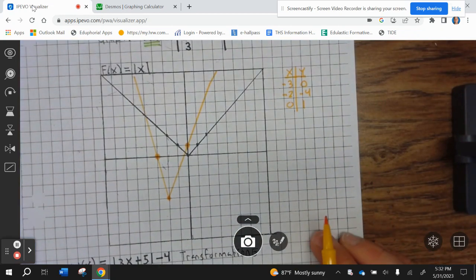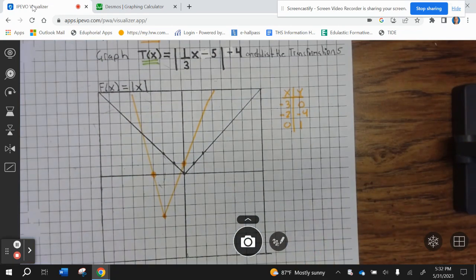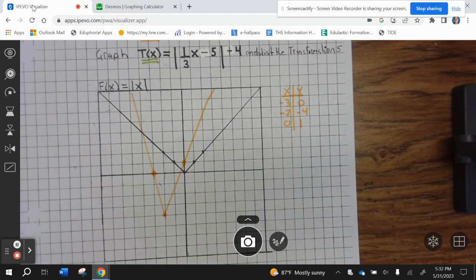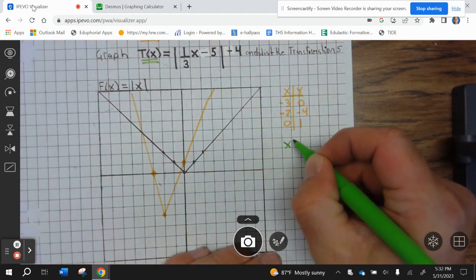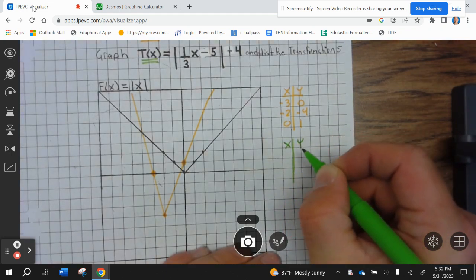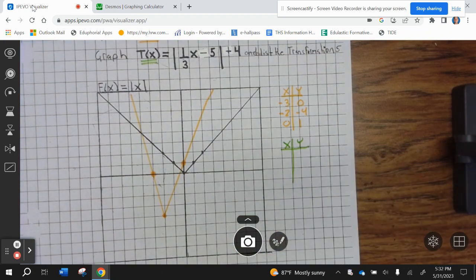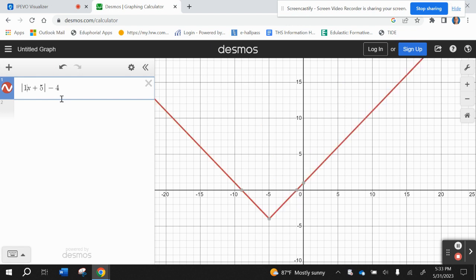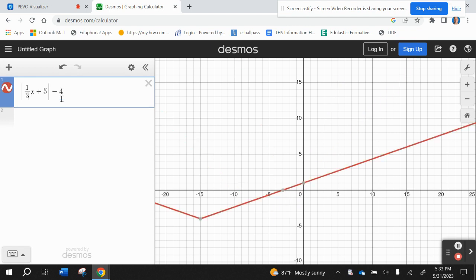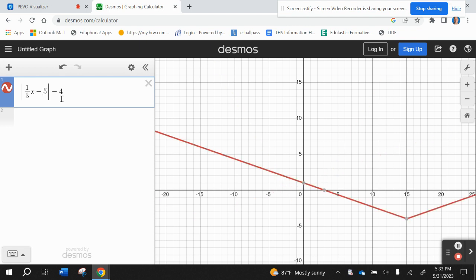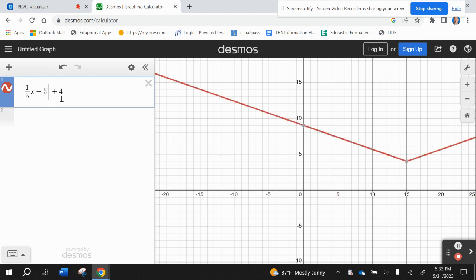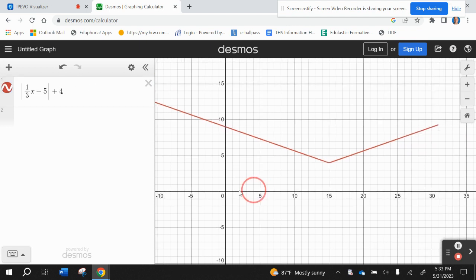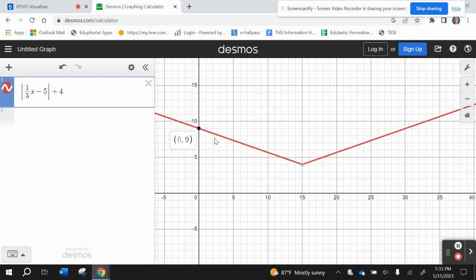Okay. Now let's go ahead and get points for t of x. All right, so this is negative 5 plus 4. It looks like we might have a good point right there. 0, 9 is good. 15, 4.